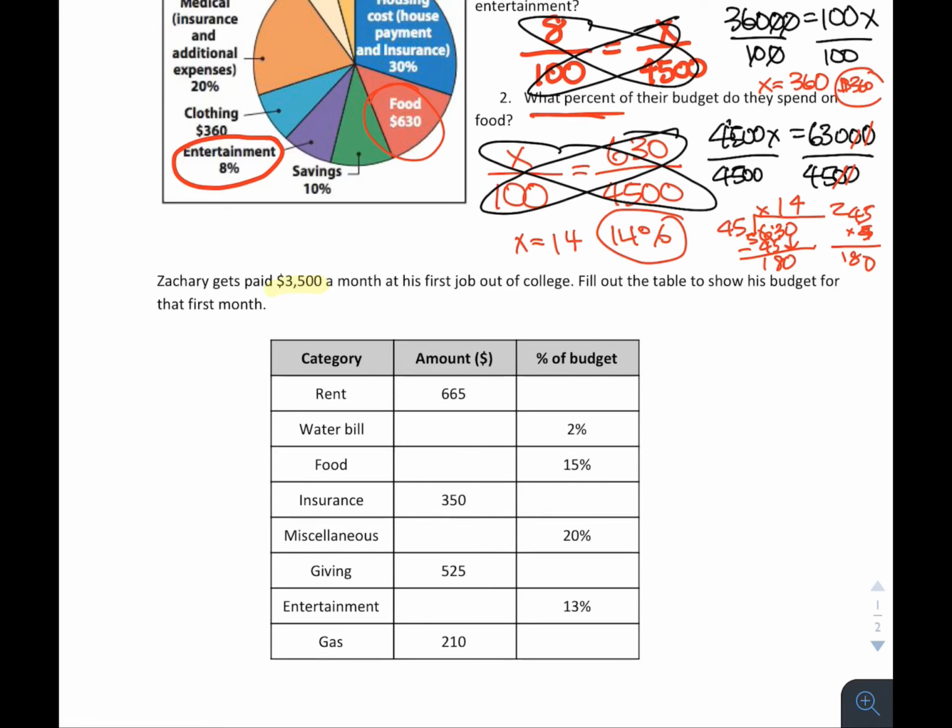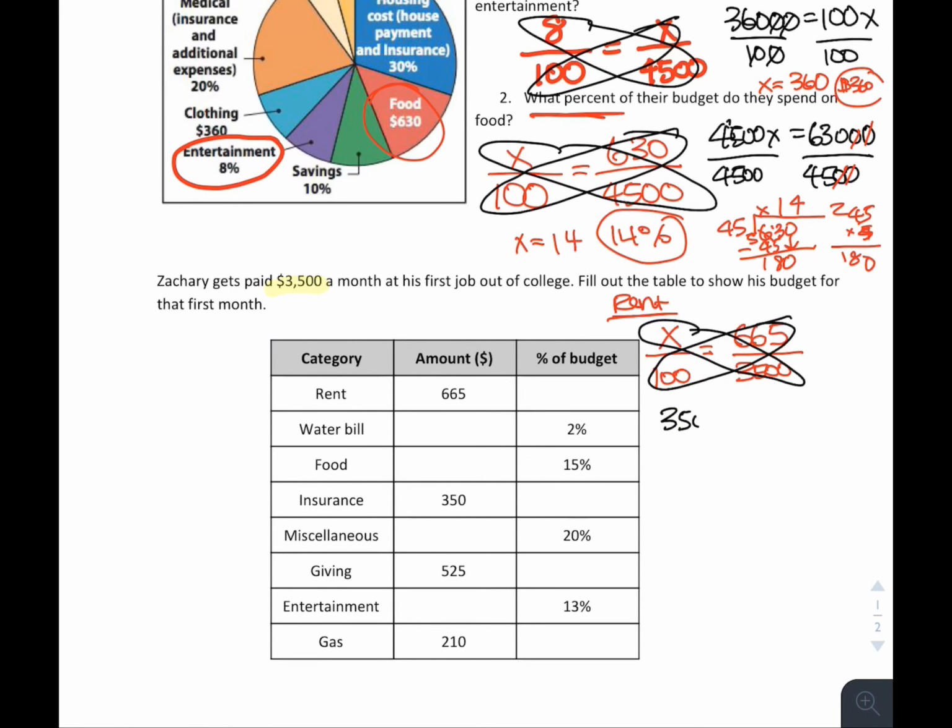In order to find the percent, we know we have to do x over 100. So this is rent equals, we know that it's over 3,500 because that's the total net income. And then the rent was 665. And then we need to cross multiply.